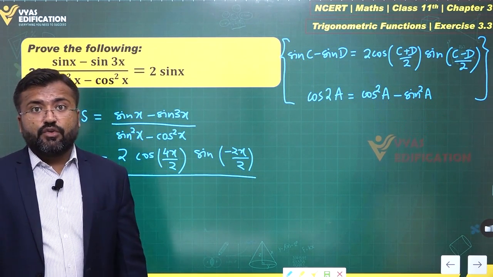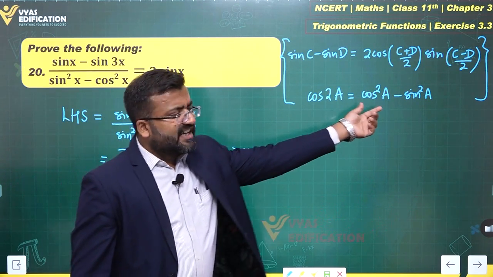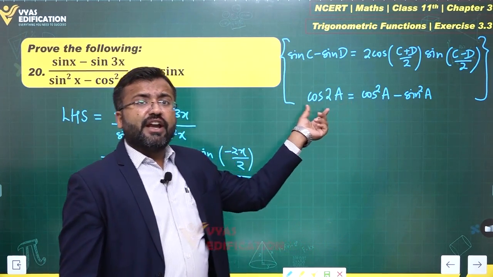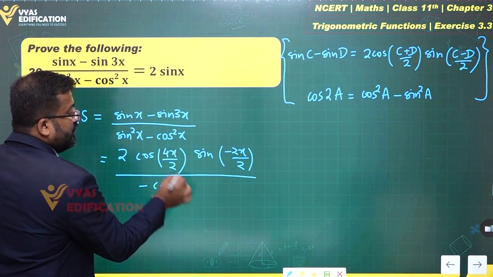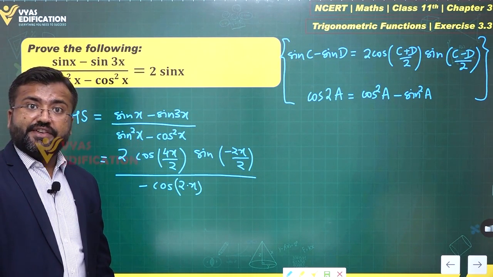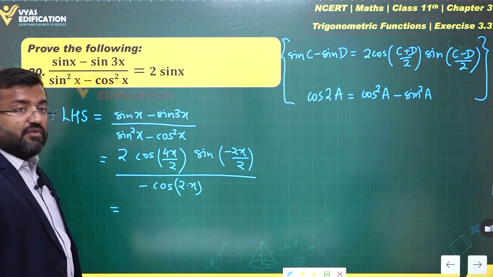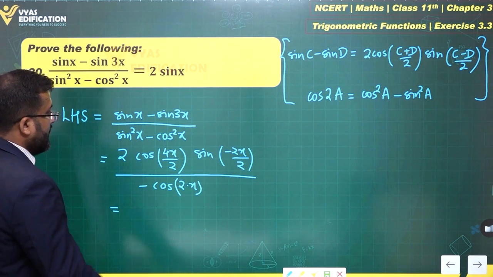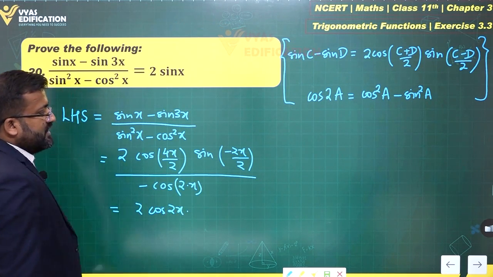In the denominator, what do you have? You have sin square x minus cos square x. Now this is nothing but the negative of the right hand side of the cos 2x identity, right? So what you get is minus of cos 2x. This is the double angle. And what will this convert into? The numerator is 2 cos 2x. And what is this?